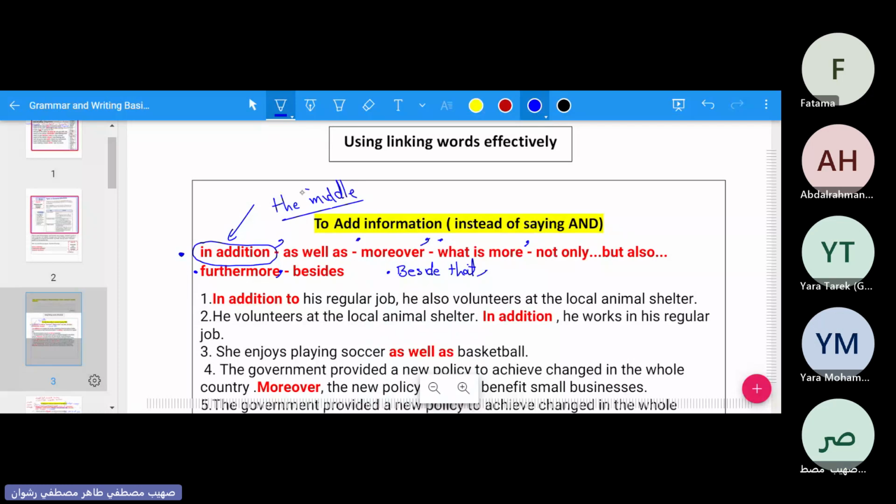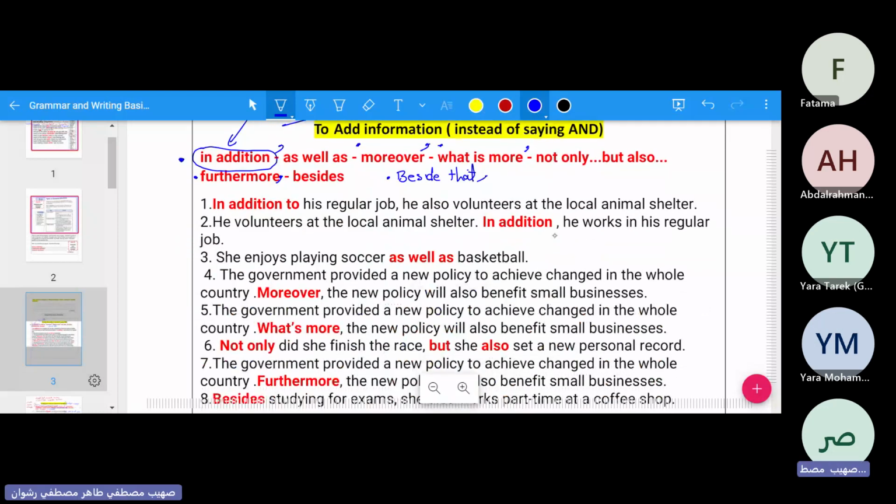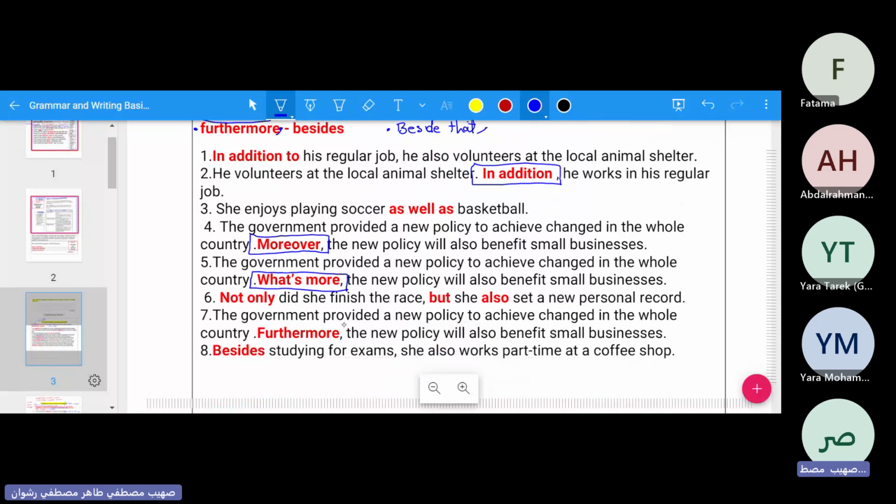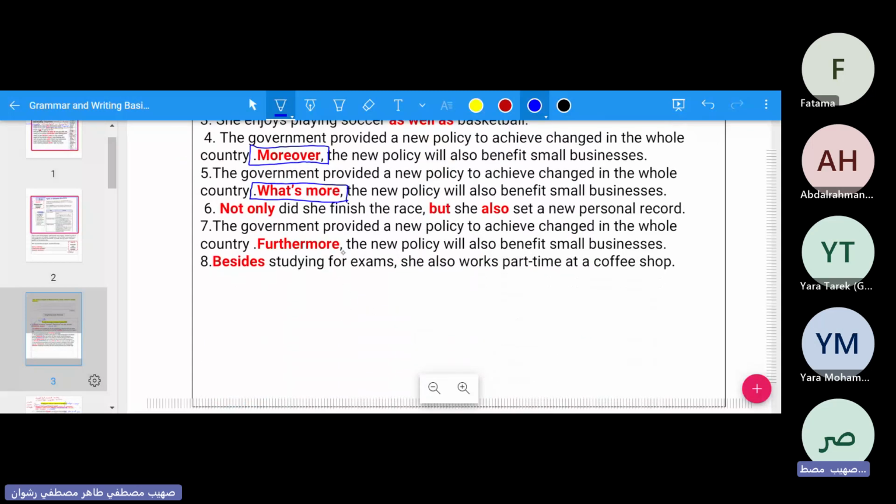Okay, in the middle. Look with me at the rules in front of us. In addition to, full stop, after it there is a comma. Moreover, full stop followed by a comma. What's more, full stop followed by a comma. Furthermore, full stop and followed by a comma.